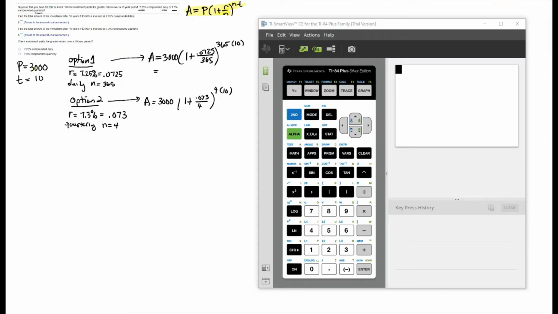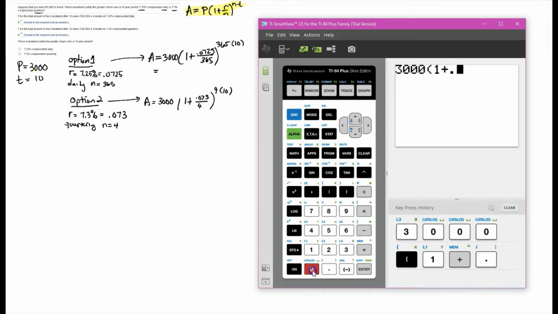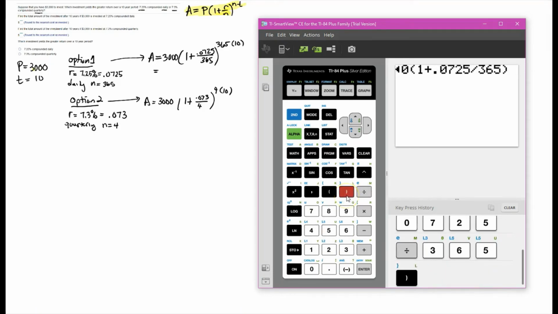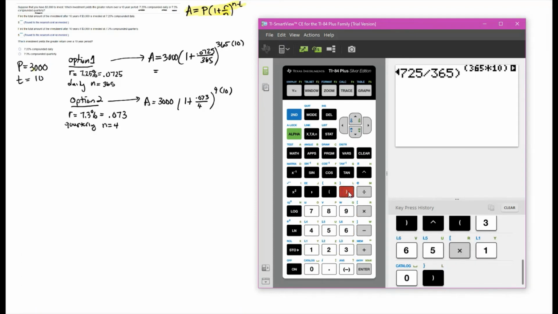Okay, so I got my calculator out to type this in. I'm going to type the whole thing in, 3,000 parentheses times 1 plus 0.0725 divided by 365, close parentheses. I need an exponent. Some of you have older calculators, may need to type parentheses around this. 365 times 10, close parentheses. The parentheses are to make sure you're putting all of that in the exponent.